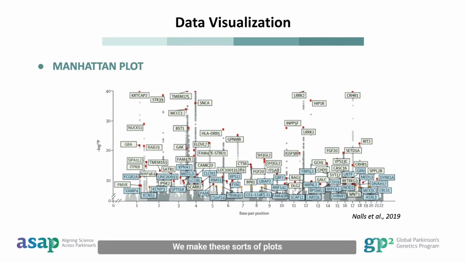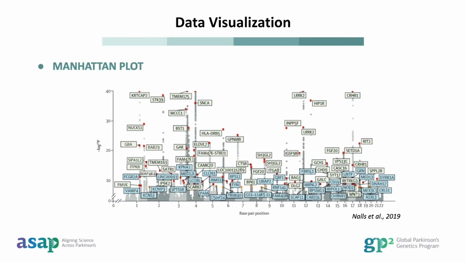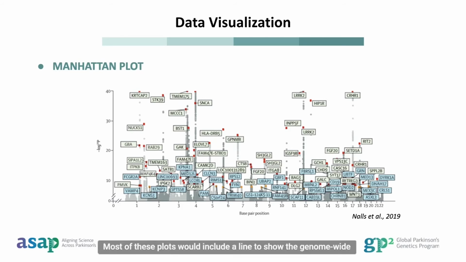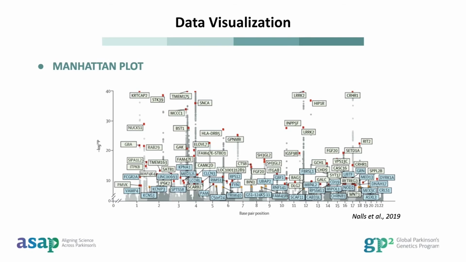We make these sorts of plots not only because they're aesthetically pleasing, but because the plot presents hundreds of thousands of SNPs in an easy-to-read way. Most of these plots would include a line to show the genome-wide significance threshold at 5 × 10⁻⁸ making it easy to see just how significant a SNP is.